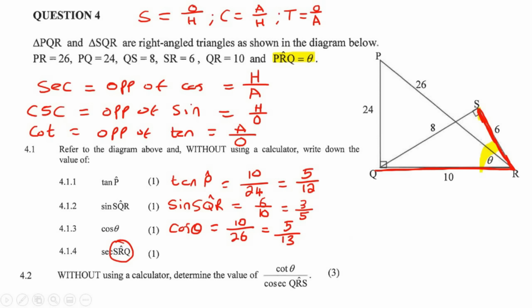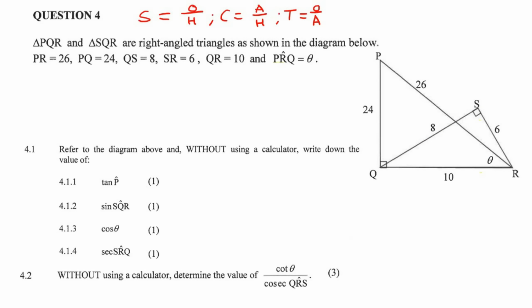So we are working in this triangle over here. And so we're looking for sec. Now sec is hypotenuse over adjacent. So the hypotenuse is 10 and the adjacent is 6. And so we're going to say that the sec of SRQ is going to be 10 over 6. And if you simplify that on your calculator, it's 5 over 3.